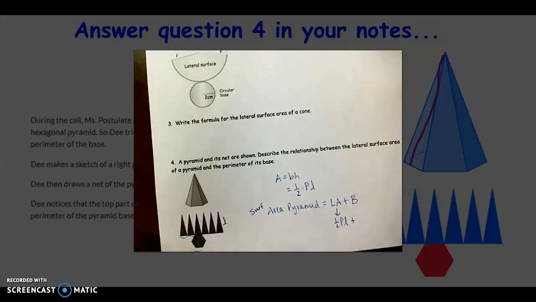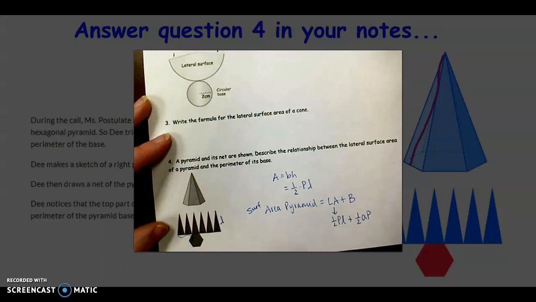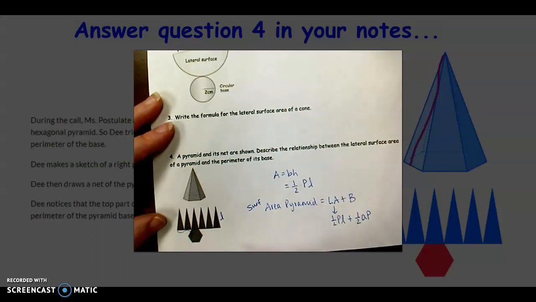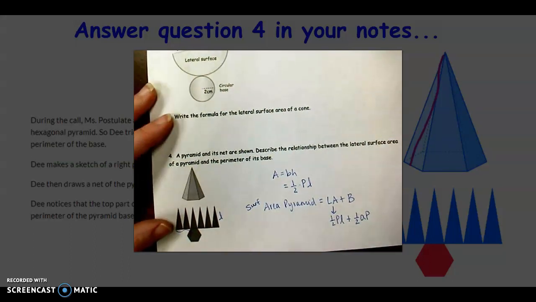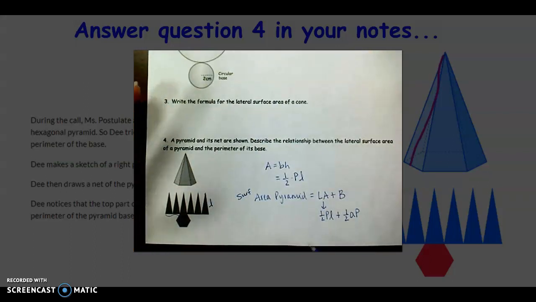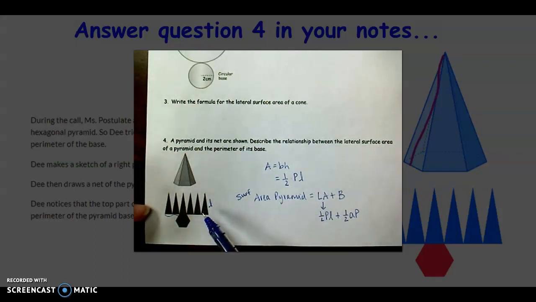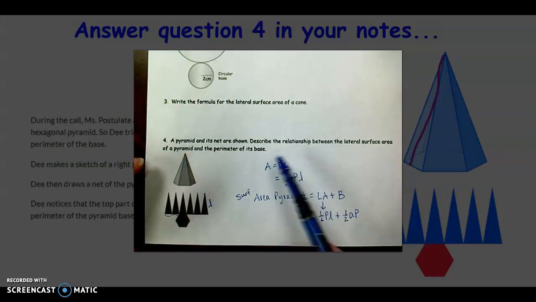The base is the area of the hexagon, and it's a regular polygon, so it's 1/2 apothem times perimeter that we're going to be using on that. So that's all it's really asking us to look at here, is describe the relationship between the lateral surface area of the pyramid and the perimeter of the base.